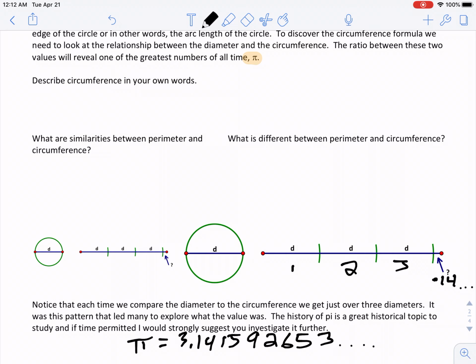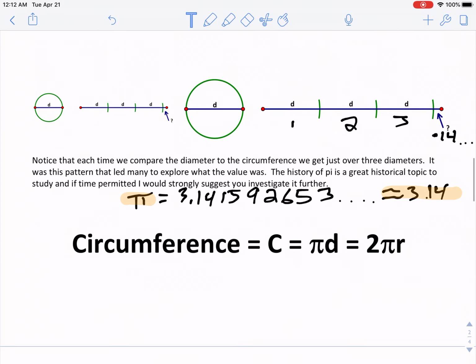Now what we generally do for that is we just say pi is about 3.14. If we have to multiply it out, that's the number I encourage you to use. Pi is 3.14. Hopefully something you've all heard before.